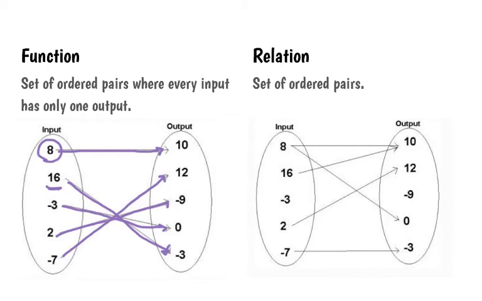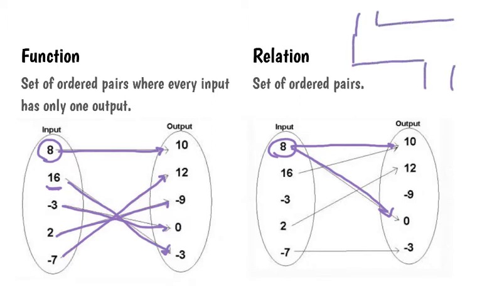However, when you come over to a relation, this 8 went in, and one time it threw out 10, and the next time it threw out 0. That's a problem, because it breaks down the function machine. If you throw in 8, how does it know when to spit out 10 and when to spit out 0?